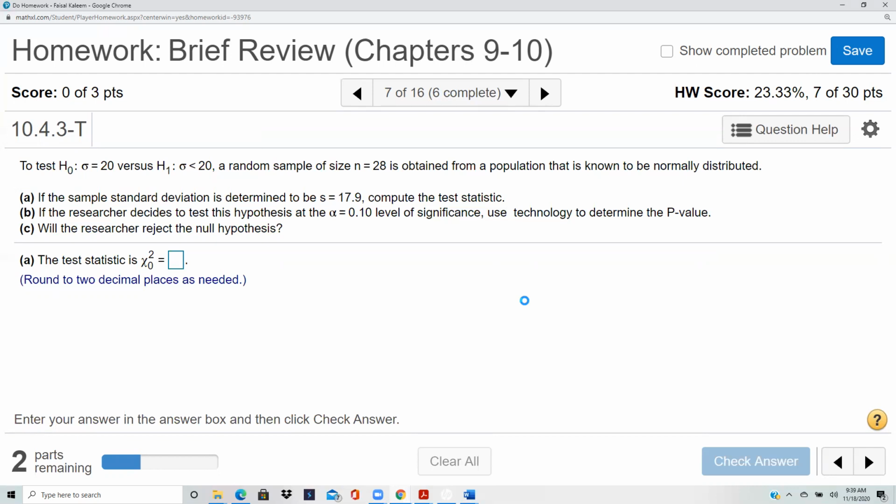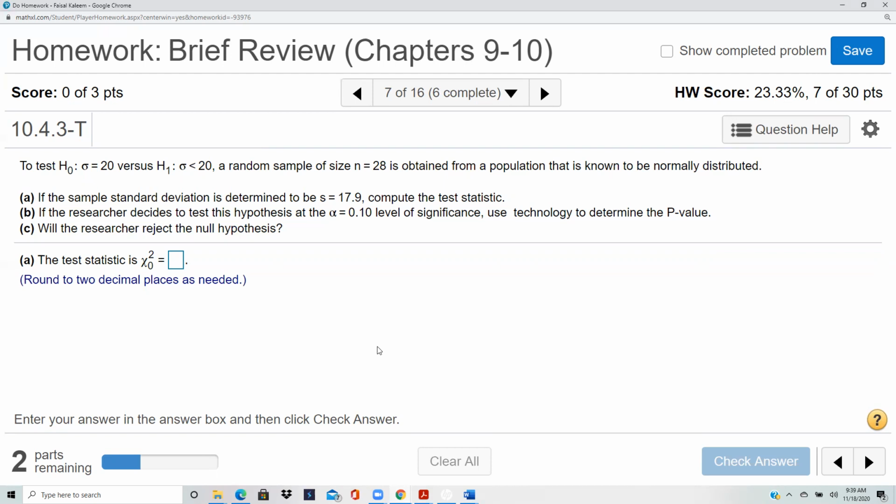Yeah, you're right. Okay, variance stats, right? Why? Because I looked at part A and it says the sample standard deviation. Not because of that, because that will be given even in the other kind of stats. Oh, then I don't know.